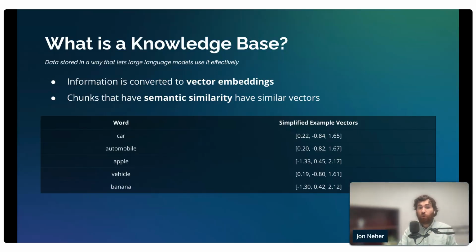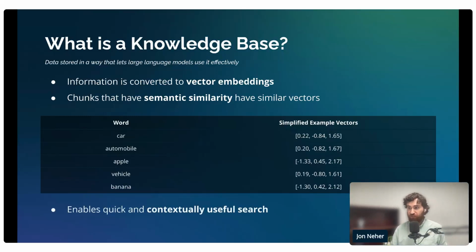Those mathematical representations make it really easy for the AI to search for related ideas instead of having to find things that match exactly. It's like when you Control F to find and you spell the word slightly wrong and then you can't find it. Well, this is helping you find contextually useful information in a knowledge base.